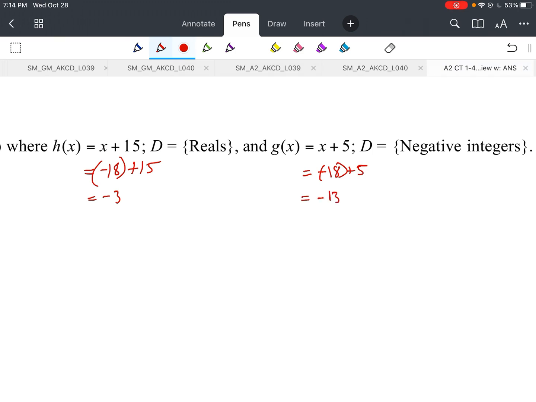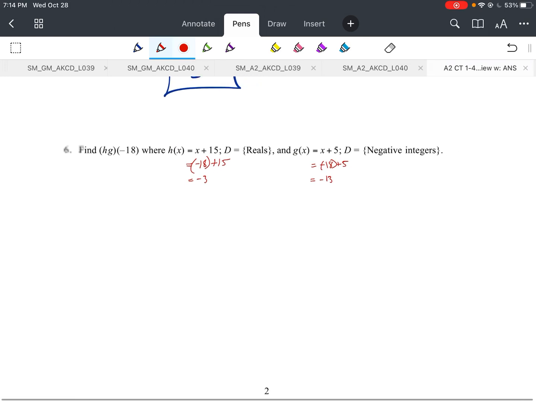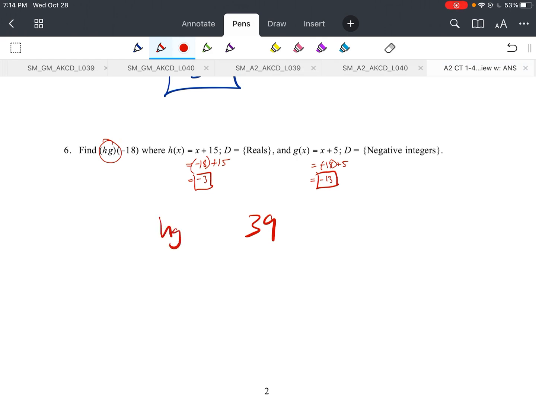Now what they want us to do is multiply h times g, and the best way to do this is to put in each of them separately and then multiply h times g. So what is -3 times -13? That's positive 39. So you could say hg of negative 18 is 39.